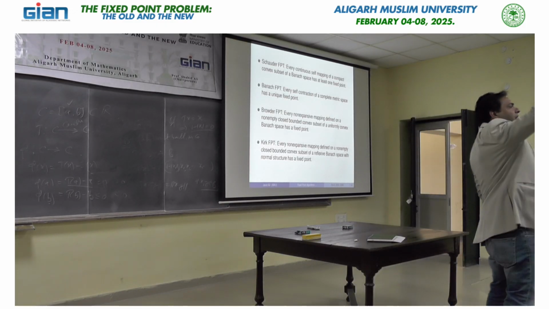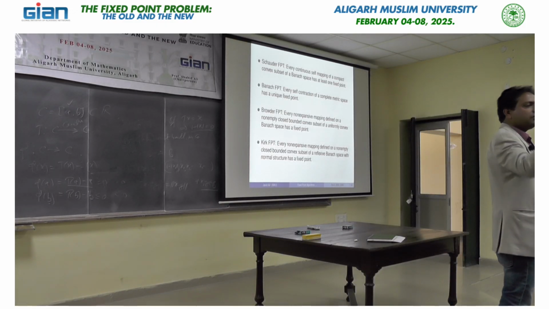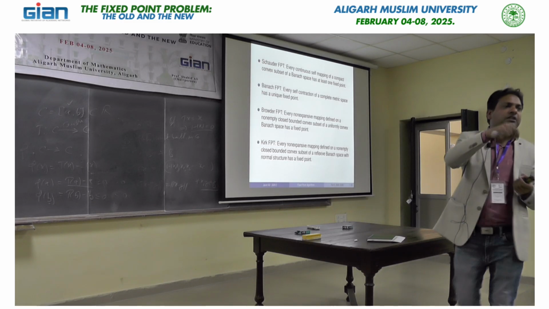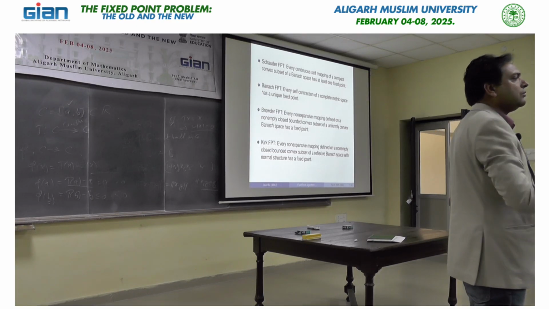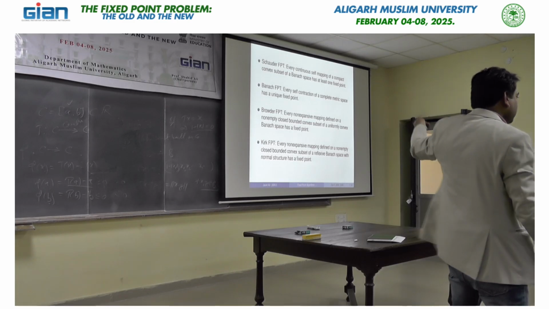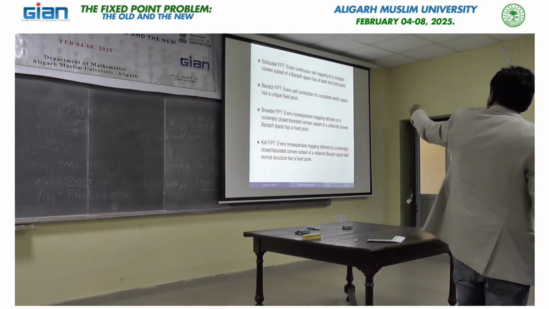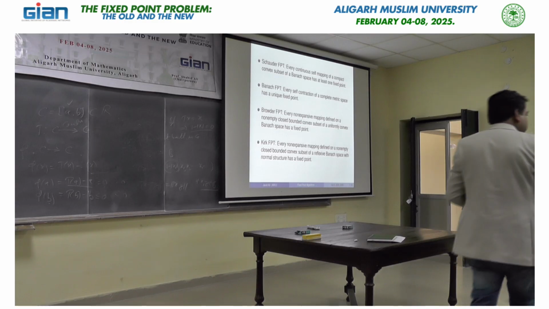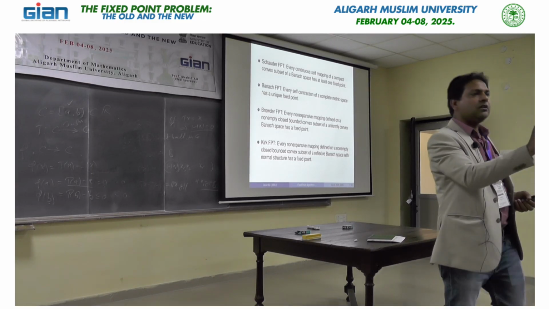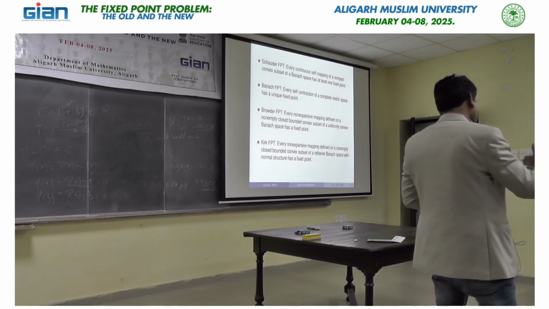Khamsi was speaking about the 1965 revolution, but that was not a revolution only for non-expansive maps. Many important results appeared from 1962 or 63 to 72, like the Edelstein theorem, the Göhde theorem, and the Browder theorem in 1965. Banach's theorem was proved in 1922, and these ten years were very productive.